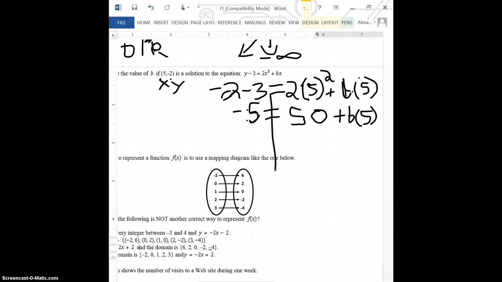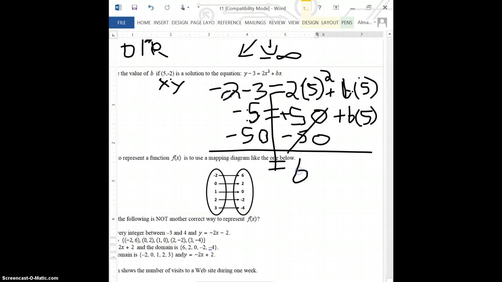I want to leave that there. But I'm going to move this 50 over so that I can put all my numbers on the left. And I'm going to move a positive 50 by doing the opposite, which is to subtract it. That goes away and I'm left with b times 5 equals negative 55.